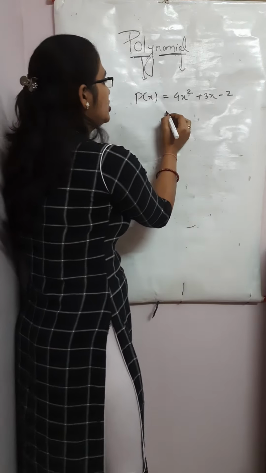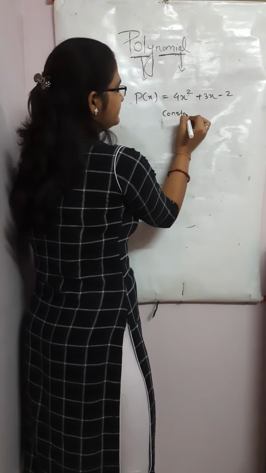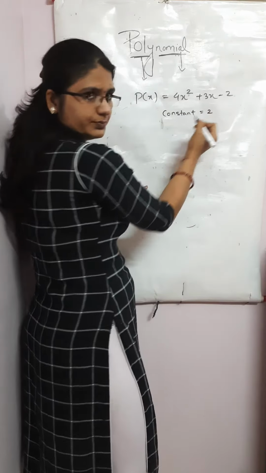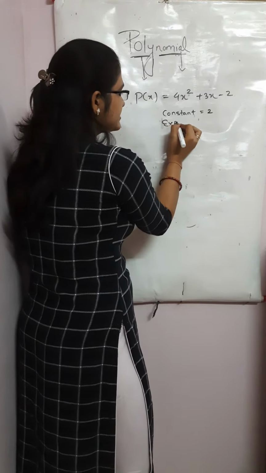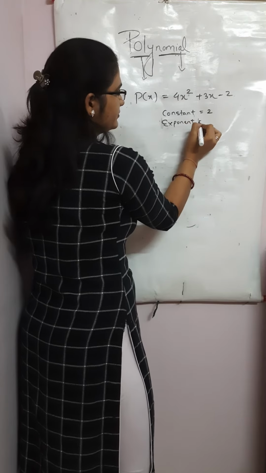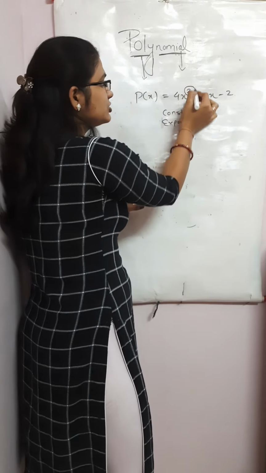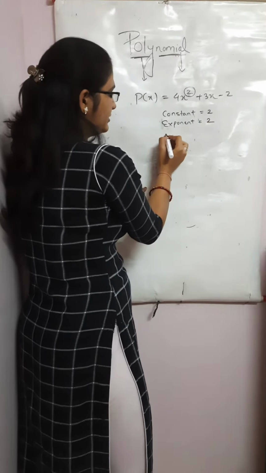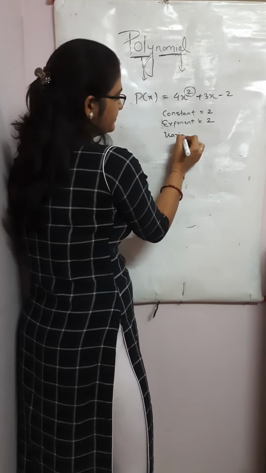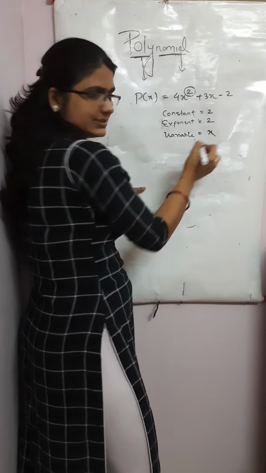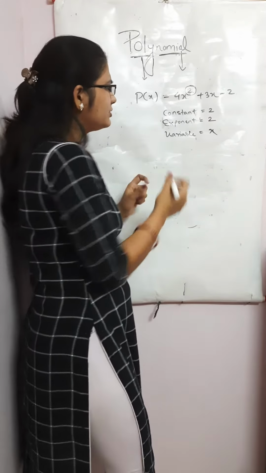So here the constant is 2, the exponent is 2 and the variable is x. But what about 4?